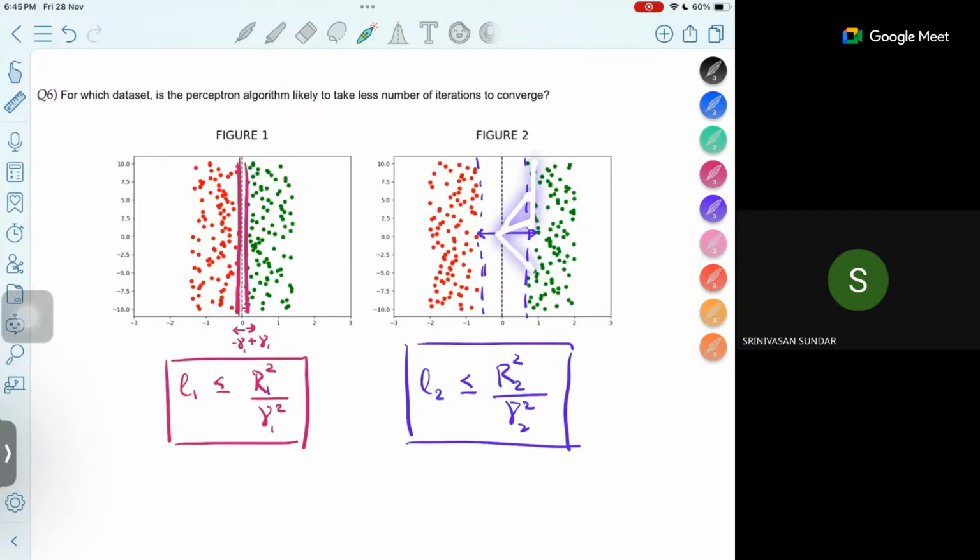All of them lie on this line, so all of them make the same dot product with the W vector. So that is your condition for gamma. Which of the data points make the least dot product with the W vector? That is the gamma, right? Correct.